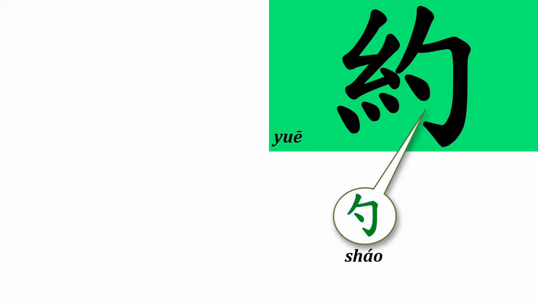This new combination is pronounced first tone, yue, and basically means to bind or constrain, with the silk component indicating rope, similar to what we saw in our last lesson with hou, rope resulting from the plaiting or braiding of strands of hemp or other material.